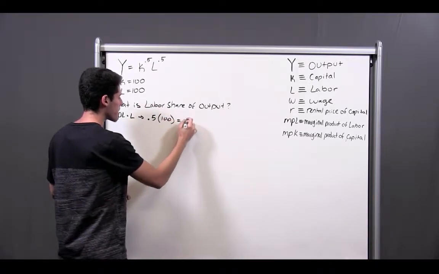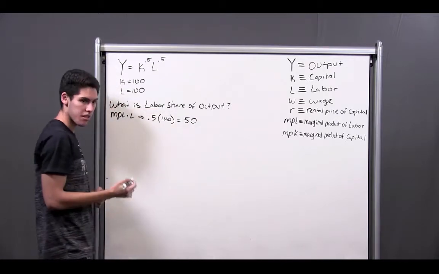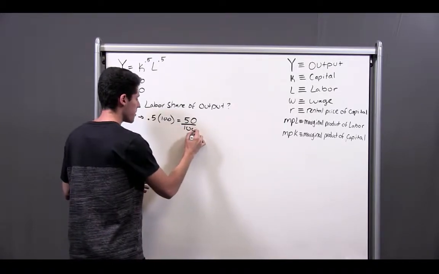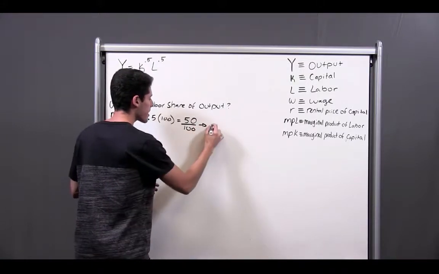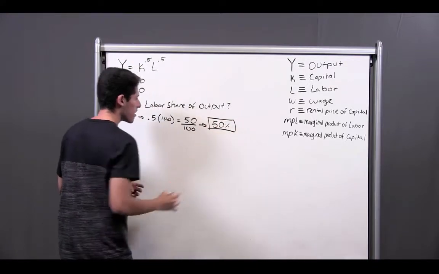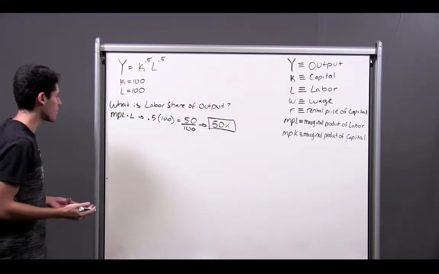So we know that labor gets 50 of this output. So let's divide that over the total output, 100. And that way we know that labor gets 50% of the output. That's their share of the output.